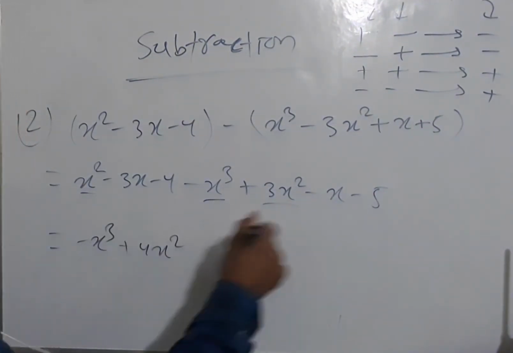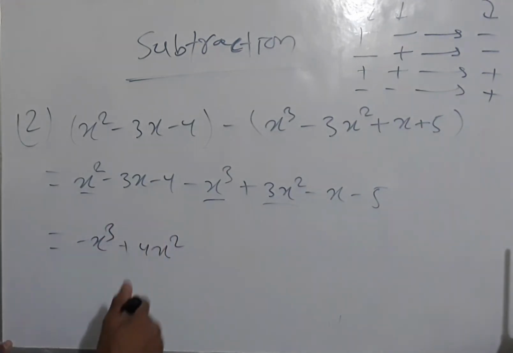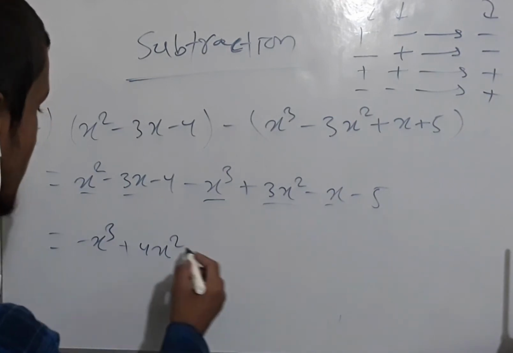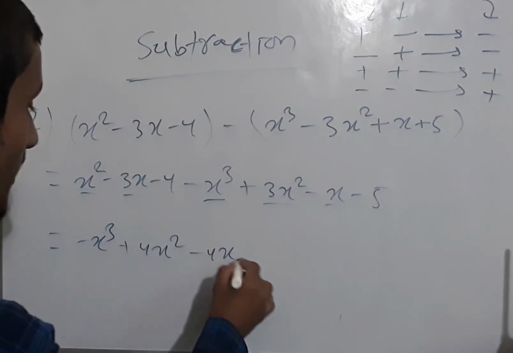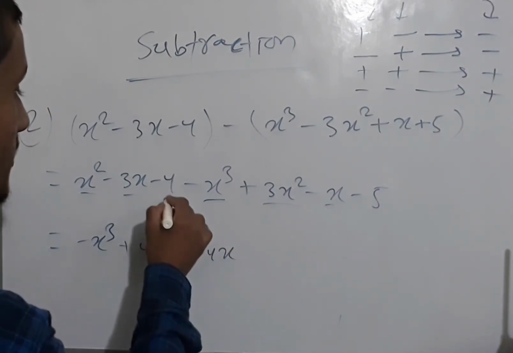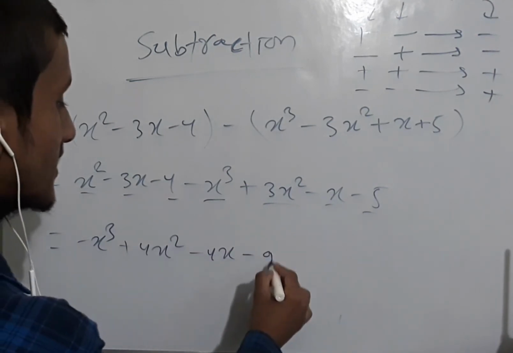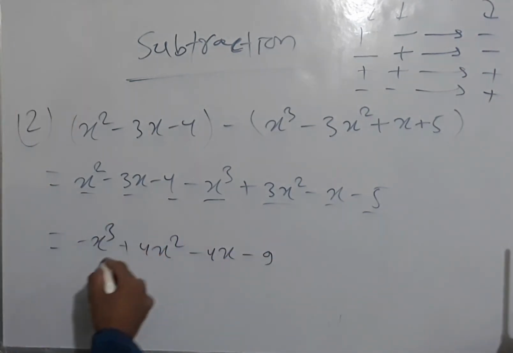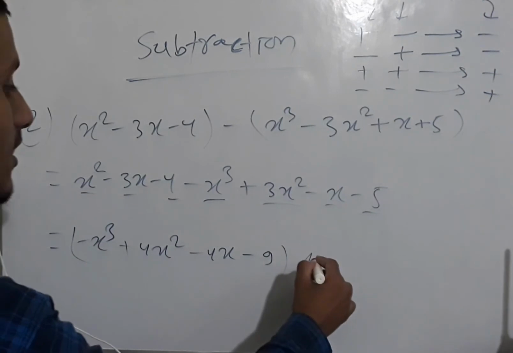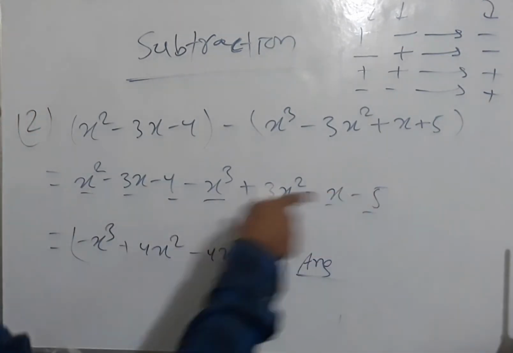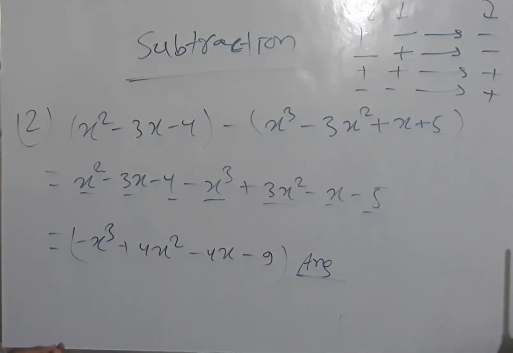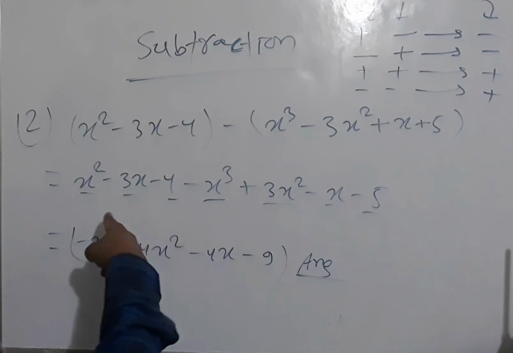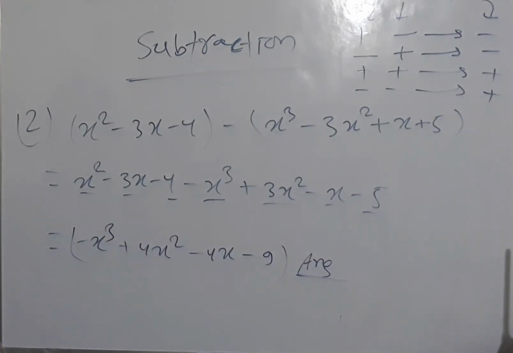Now the next term is this 3x, and the following term is this, and these, so it will be minus 4x, and then these two, which will be minus 9. I actually underlined these, so a beginner who is watching this would not be confused and would understand this clearly, and there also would not be any left-over terms.